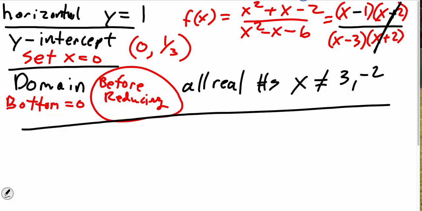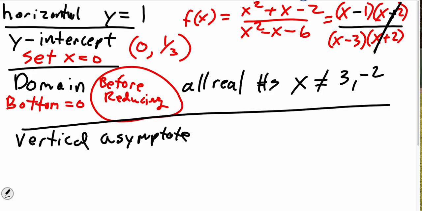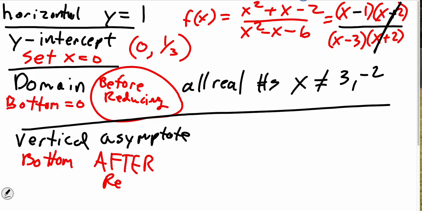Okay, so the next one I typically find is the vertical asymptote. And I guess these last 2, usually the order doesn't necessarily matter, but we'll do vertical asymptote. And this is when the bottom equals 0 after reducing. So we've reduced it.